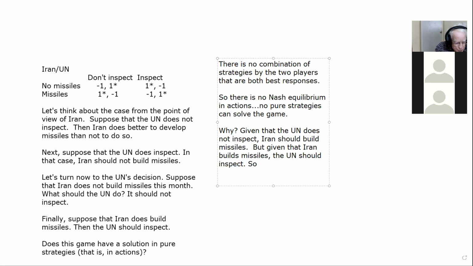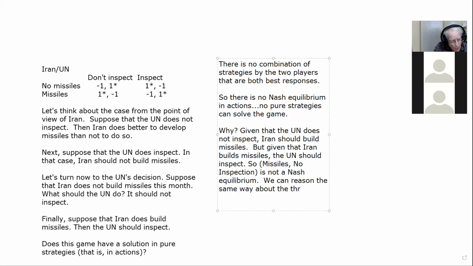So missiles with no inspection is not a Nash equilibrium. And the same thing is true for all three other possibilities. Okay, so far.